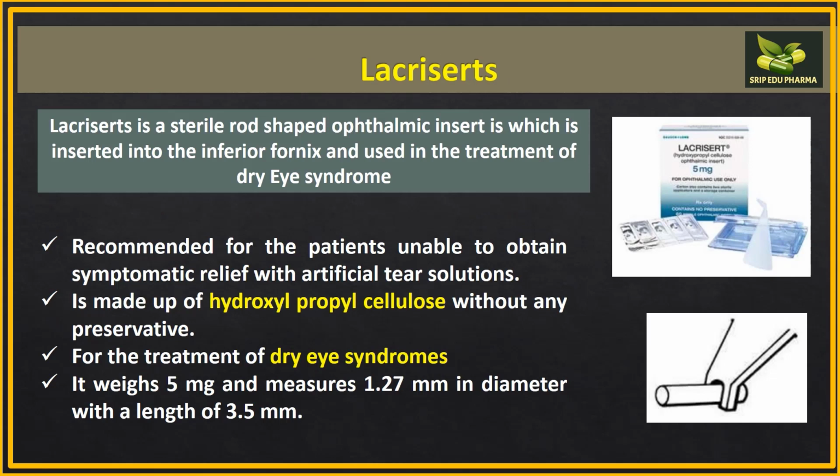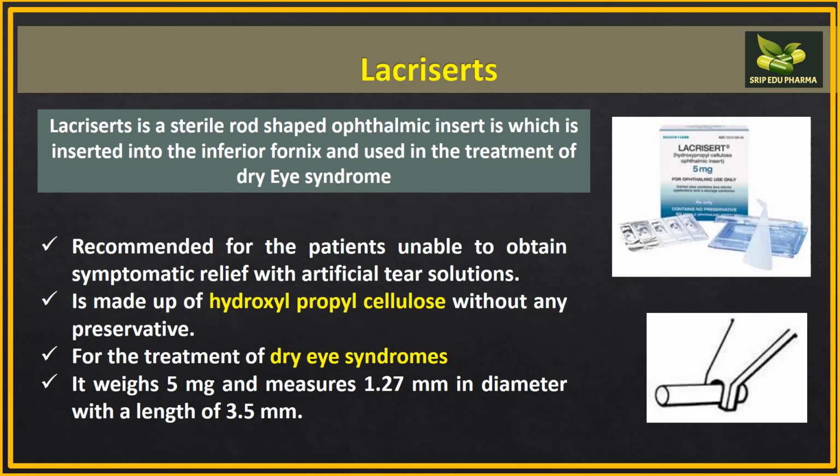First is Lacrisert. We can see in the diagram that they are sterile rod-shaped ophthalmic inserts and they are inserted into the inferior fornix. This we have to remember that it is inferior fornix and they are used in the treatment of dry eye syndrome. And they are recommended for the patients who are unable to obtain symptomatic relief with artificial tear solutions.